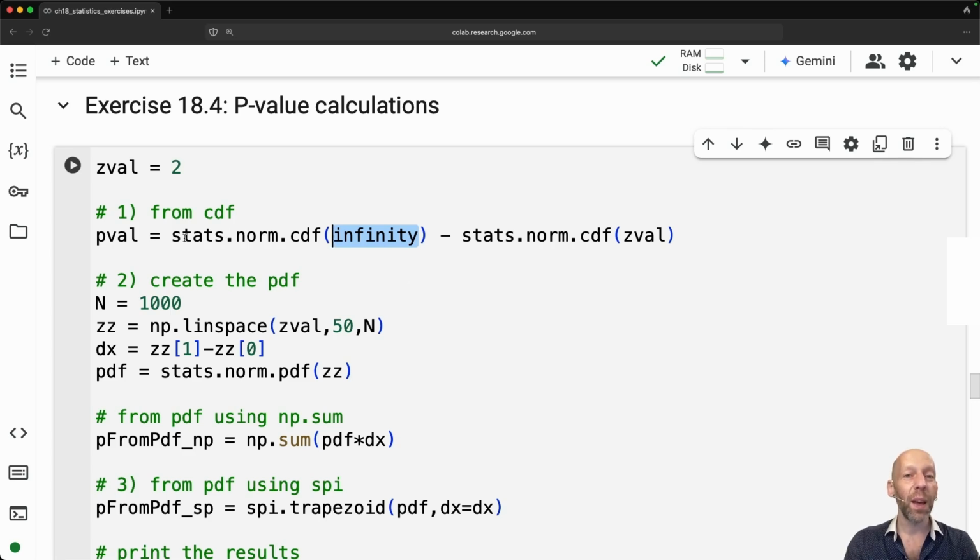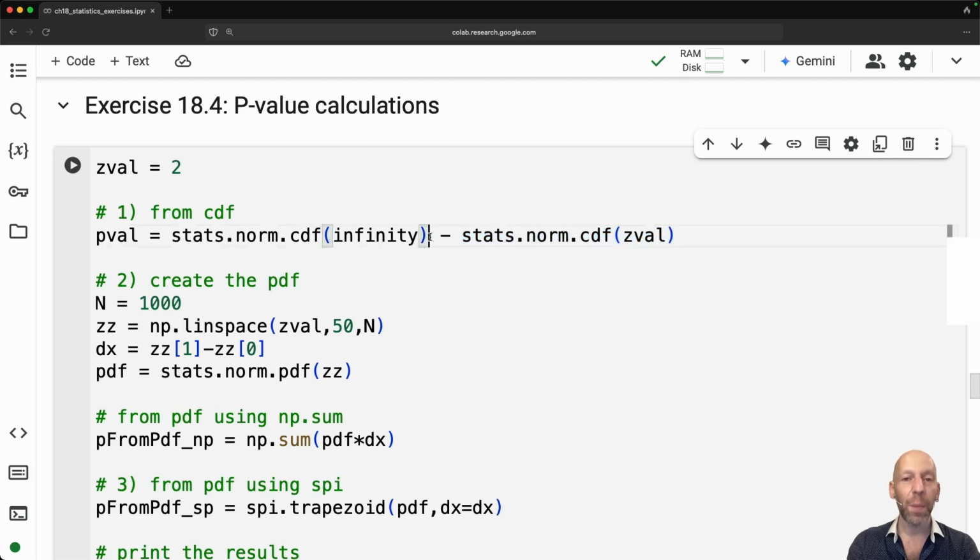The theory of calculus plus the theory of statistics and p-values tells us that the p-value is the improper definite integral between 2 and infinity. And then to calculate that, we write the CDF at infinity minus the CDF at 2.